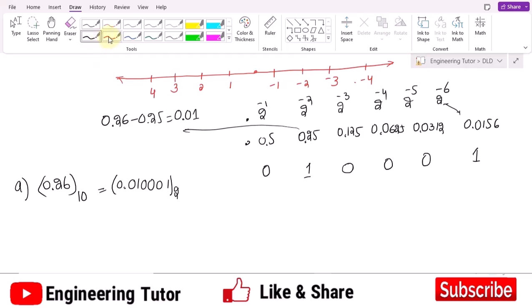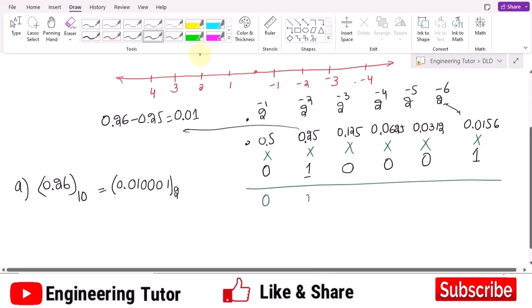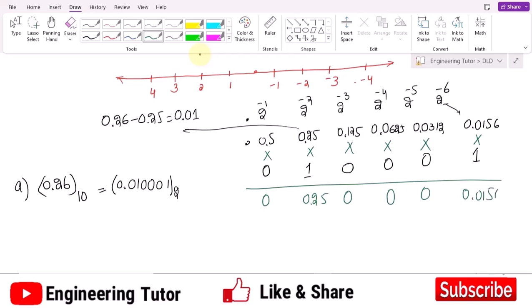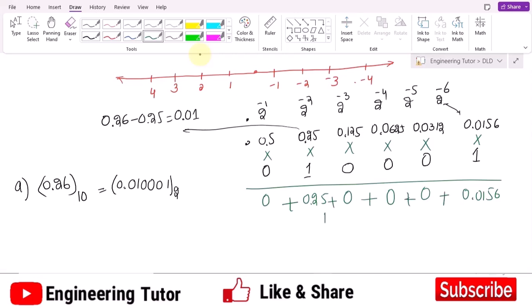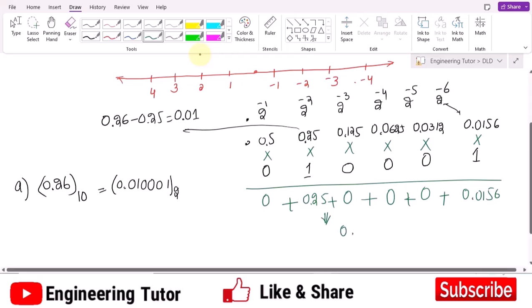How would it be calculated? Again using the same procedure which we had used previously. These two will be multiplied together, so here I will get 0, here 0.25, here 0 as well, 0, 0, and here 0.0156. These will be added at the end, and you will see that their summation is almost equal to 0.2656.